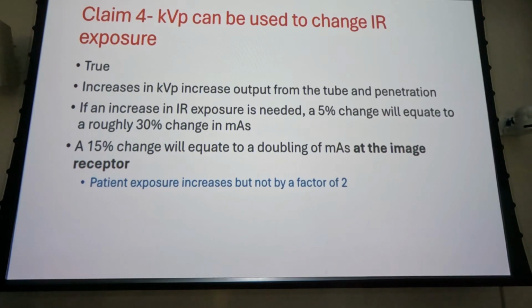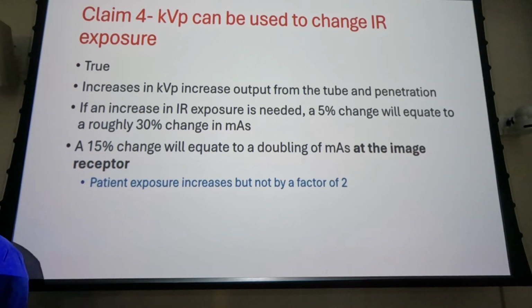So let's say you make an exposure, and you look at your index number, and depending on the manufacturer, they really should make this thing universal, your index number comes out either too high or too low, indicating that you have underexposed the patient, okay?